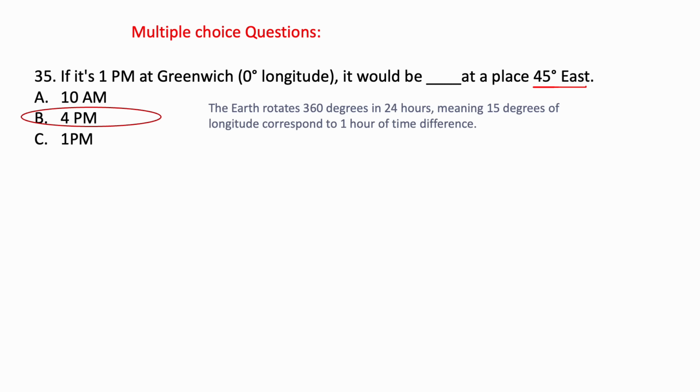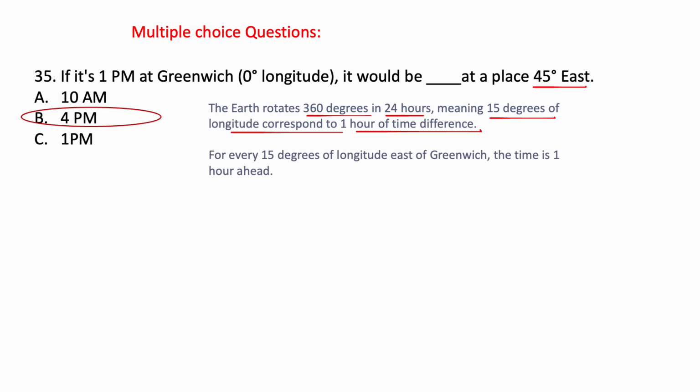Why? The earth rotates 360 degrees in 24 hours, meaning 15 degrees of longitude correspond to 1 hour of time difference. See, in 24 hours, earth rotates 360 degrees. So, in 1 hour, 360 divided by 24, that is 15 degrees. So, 15 degrees of longitude correspond to 1 hour of time difference.